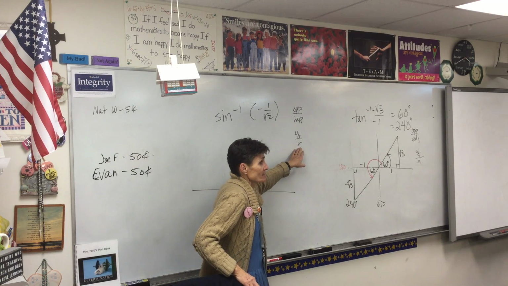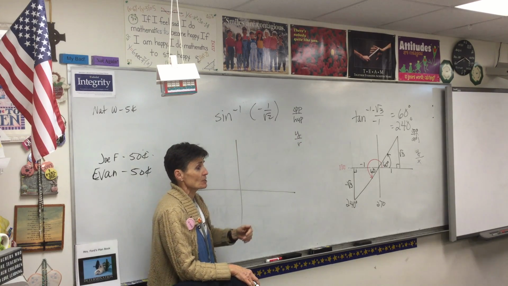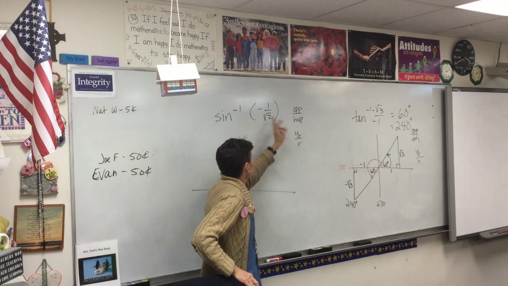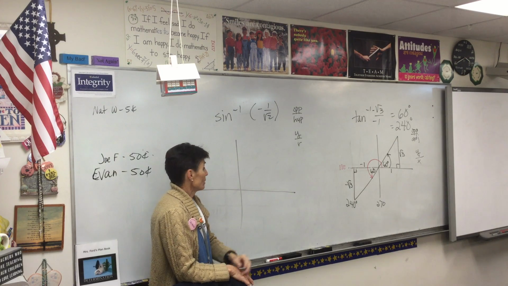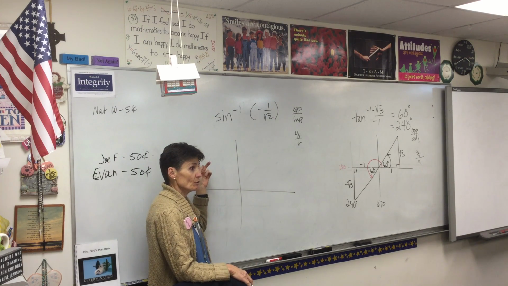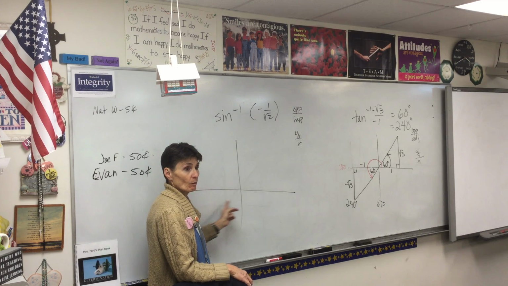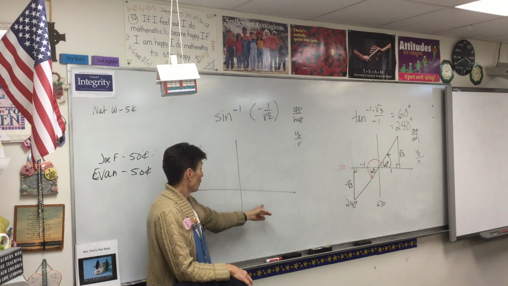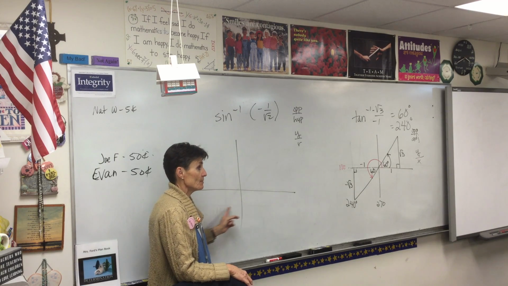Remember, r is always positive, so you can leave r out of the conversation. We need y to be negative. 2 or 3? Is y negative in 2? No. There or there. This is where y is negative.